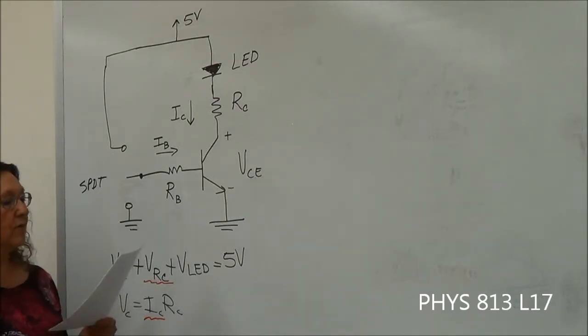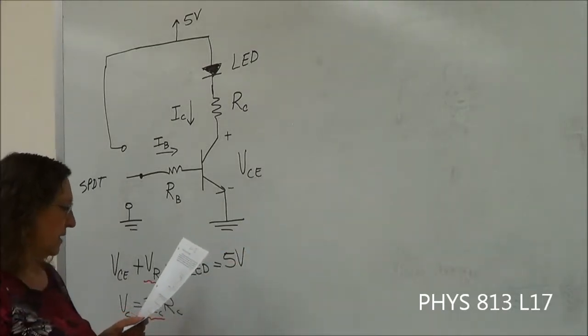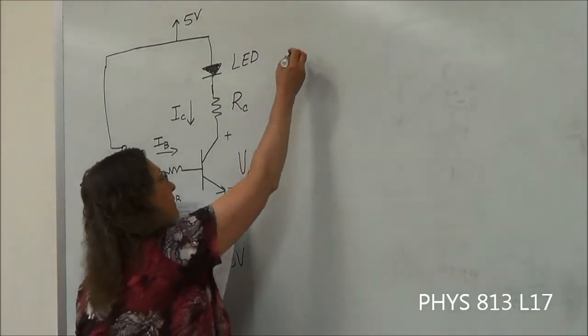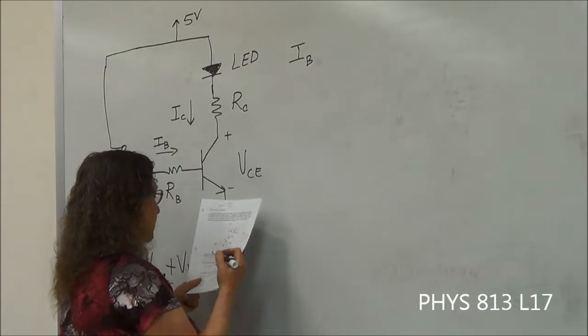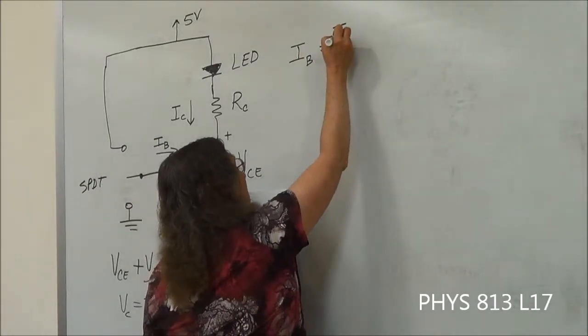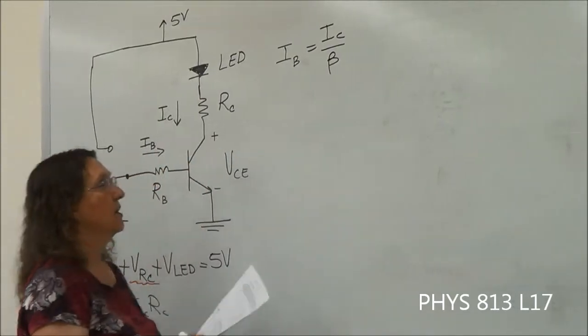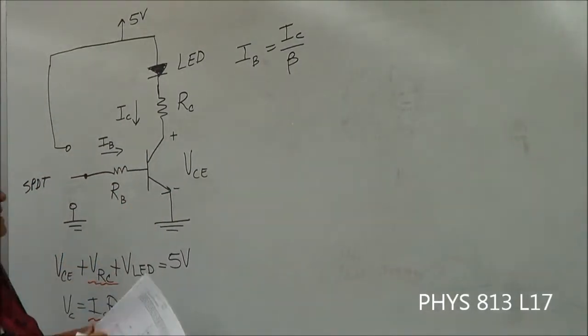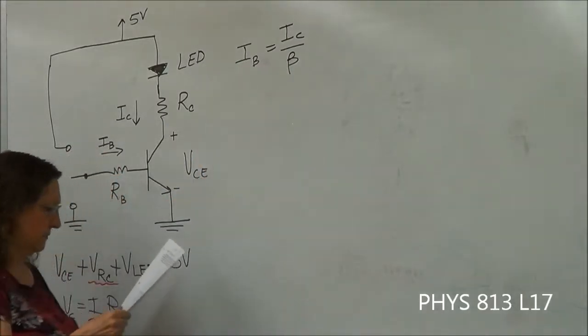Okay, there was an equation, actually up at the top of the page, that the base current is the collector current divided by beta. Actually, I had it as beta is collector current over base current.